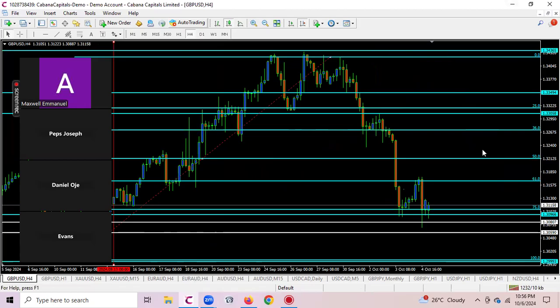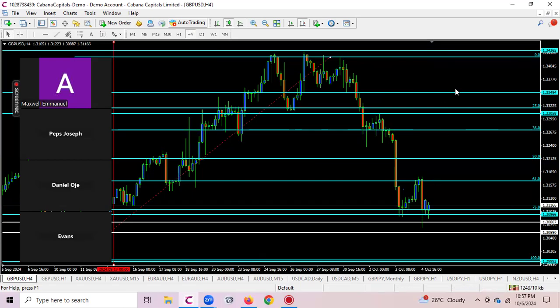Okay, so based on what we have on a daily and 4-hour time frame, I'm looking for buy opportunity on GU, buy to a premium area. You can see we have fair value gaps here on 4-hour, so I'll be aiming for this area.